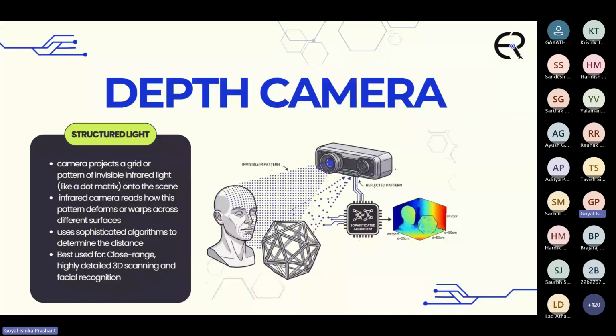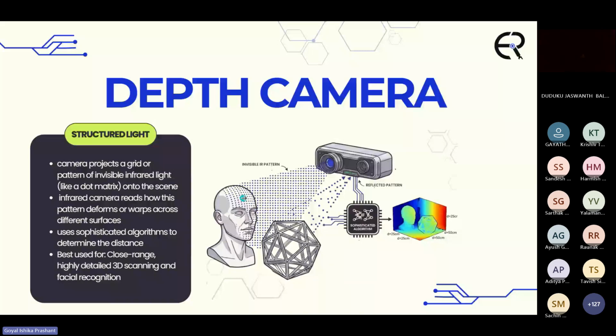This forms a sort of dot matrix that falls onto different surfaces, and then this grid will deform and warp around these different surfaces, which is then converted to distance by using some very sophisticated algorithms. This is best used in applications where we're looking at distances in close ranges because it gives us very highly detailed 3D scanning. An example of this would be facial recognition.